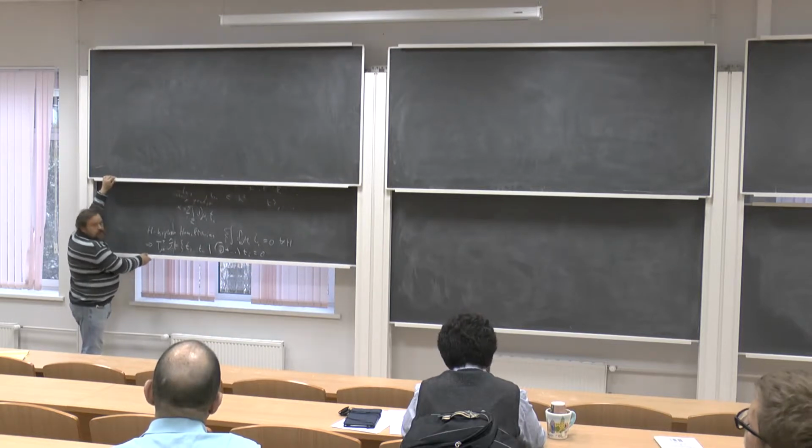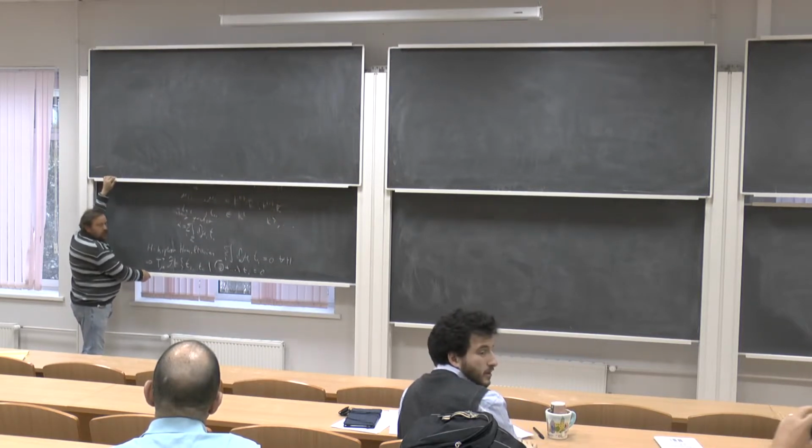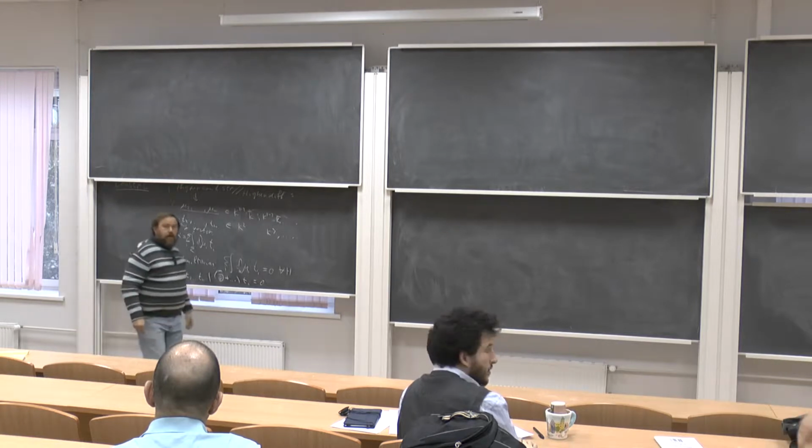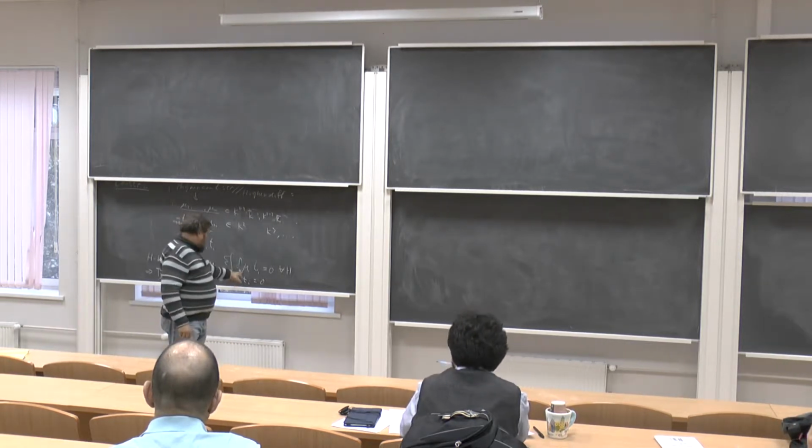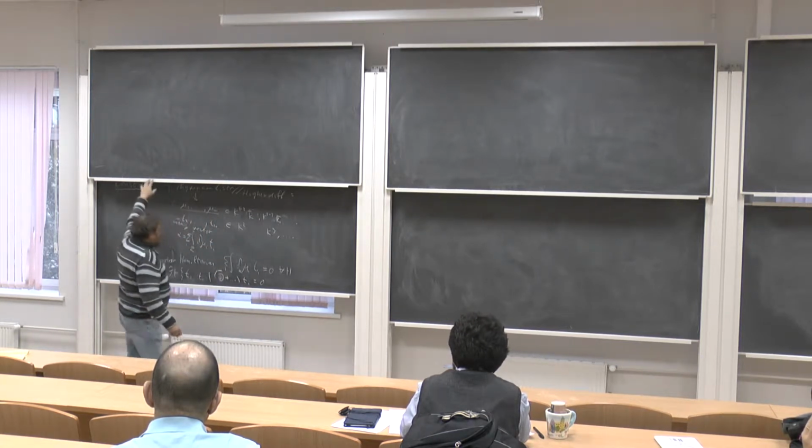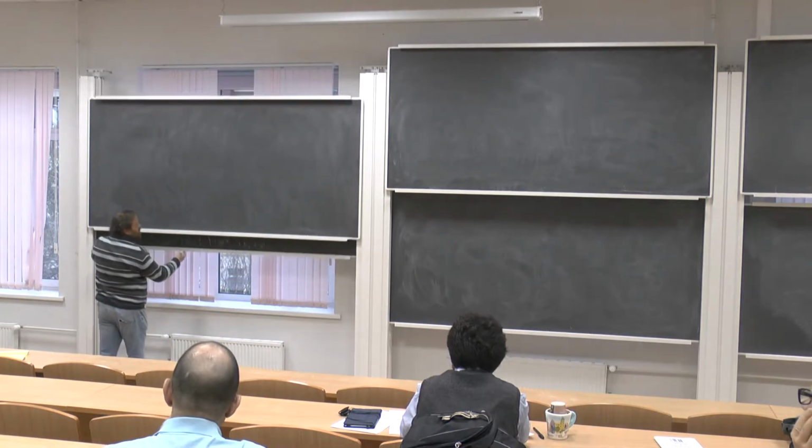So a higher Hamiltonian is a function which generates one of these higher diffeomorphisms? Yeah, a higher Hamiltonian is a function generating this diffeomorphism. One can write it down more explicitly.